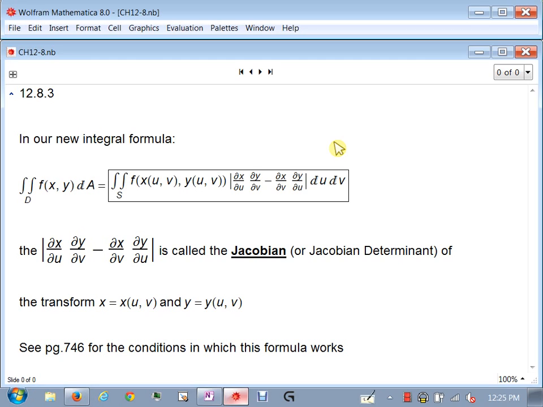This formula says if you want to come in here and change your x's and y's to something else, like when we converted to polar, we said x was what? R cosine theta. We said y was r sine theta. That was a change of variables. We changed x to something new. We changed y to something new. If you want to do that, you are free to do that however you want to.